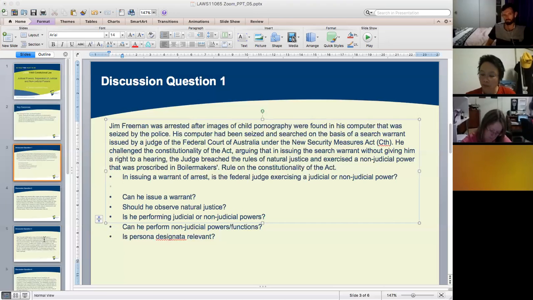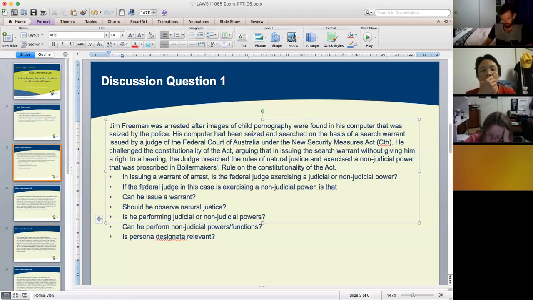So the question is, if the federal judge, I'm just going to write it. Are you able to see it on the screen as I type? So if the federal judge in this case is exercising a non-judicial power, is that legally permissible? That's the next legal question.